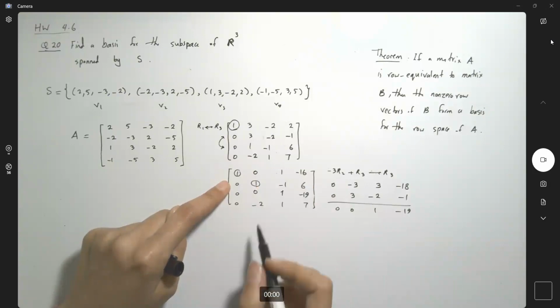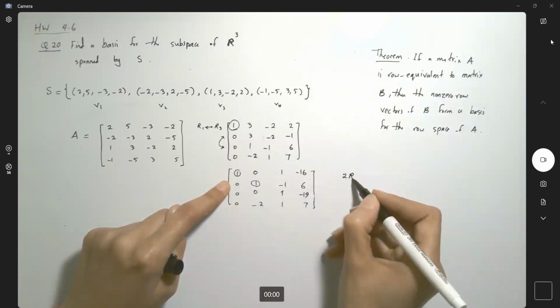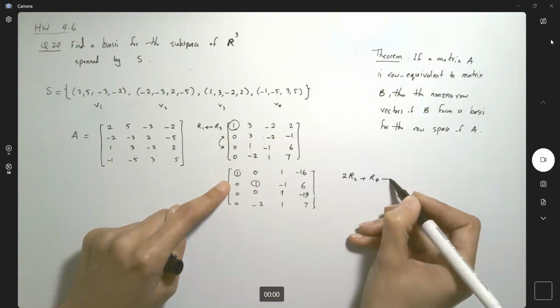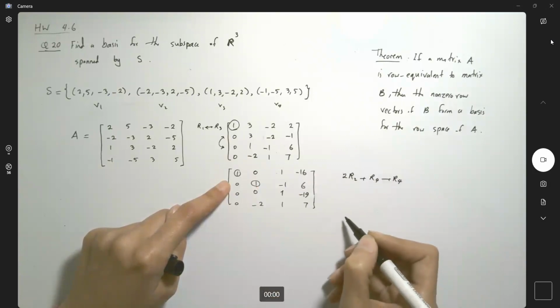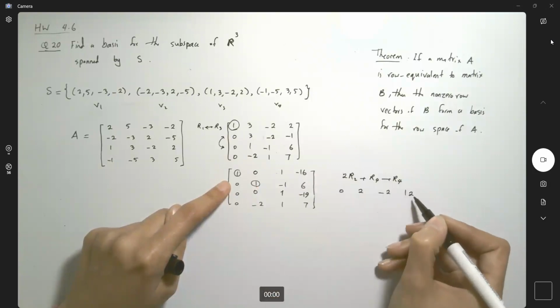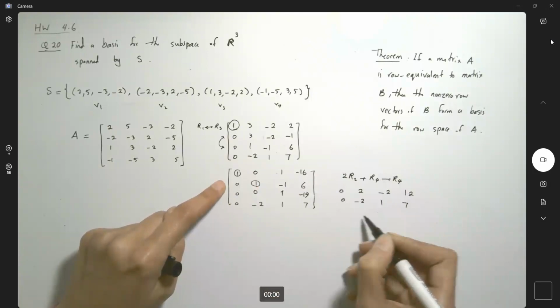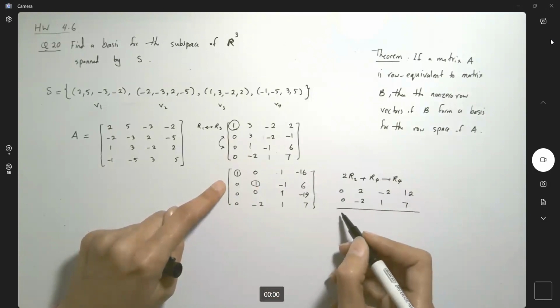Very good. And finally, multiply the second row by 2 and add it to the last row, becomes R4. So I have 0, 2, -2, and 12 added to 0, -2, 1, and 7. Nice.